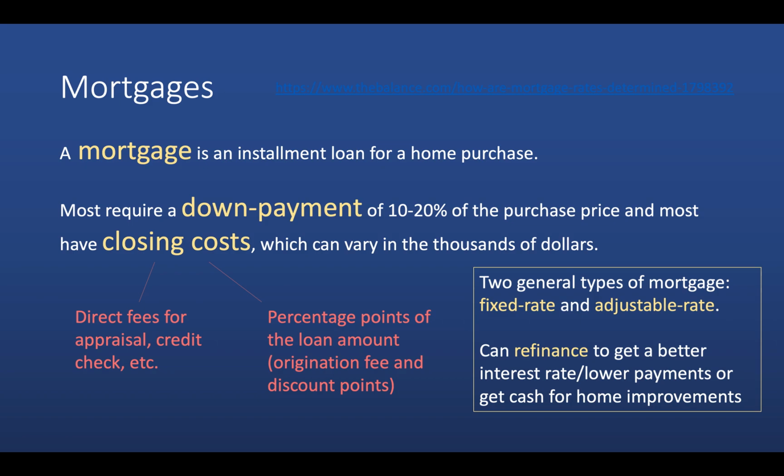Let's say it starts out at 2.5%, but then after 5 years, they're allowed to start raising it by 0.5% at maximum up to a certain maximum of 10%. That means for the first period of time, your rate is fixed, but then it can fluctuate and probably will go up from that point forward.